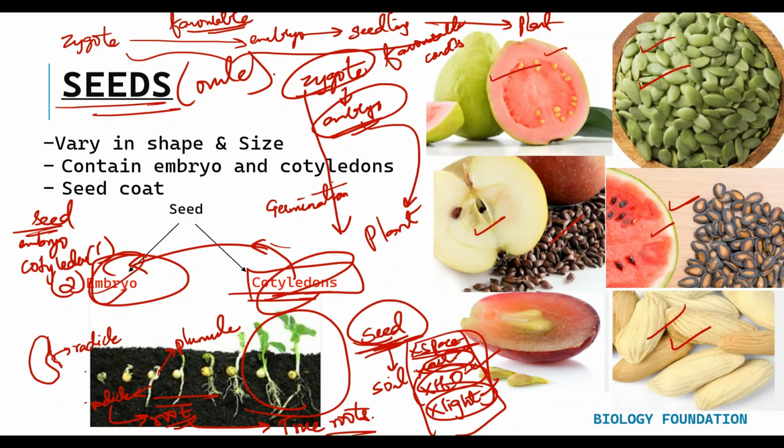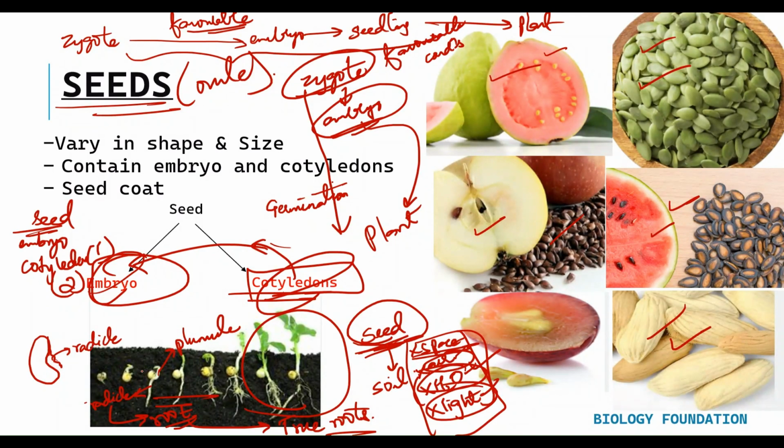If you see here, during the germination process, when you provide sufficient amount of sunlight, water, air, nutrients, everything to the seed, you sow the seed in soil rich in nutrients, you daily pour water, and see that sufficient sunlight is exposed to the seed, then what happens? Slowly the seed starts germinating.